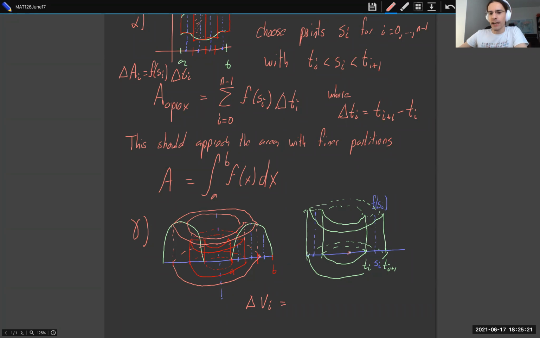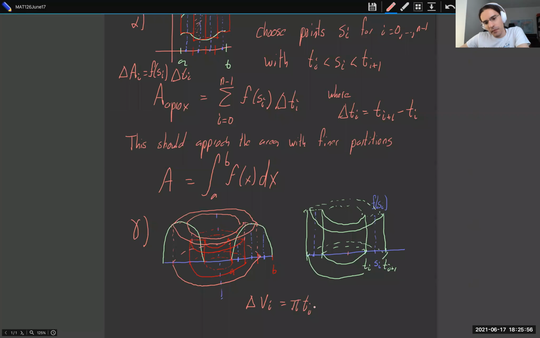First off, what is the outer radius? Looking at the labels in this picture. t sub i plus 1. Exactly. And so what is the area of the base if I just look at the bigger circle, ignoring that there's a hole in the middle? What's the area of this base? Pi t sub i plus 1 squared.